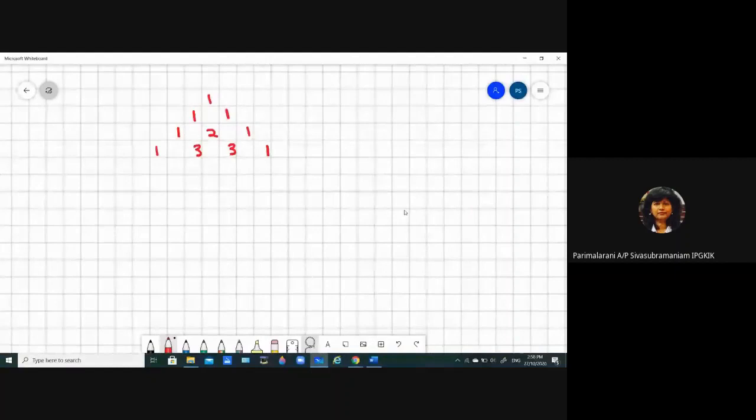So what is the next line here? What do I write here? You see a pattern here? 1, 4, 6, 4, 1. Okay, so you see at the end here, all the sides are all 1. So again, 1 here.